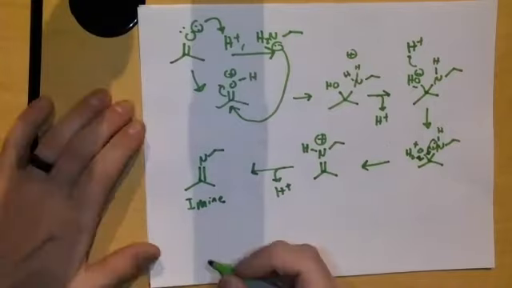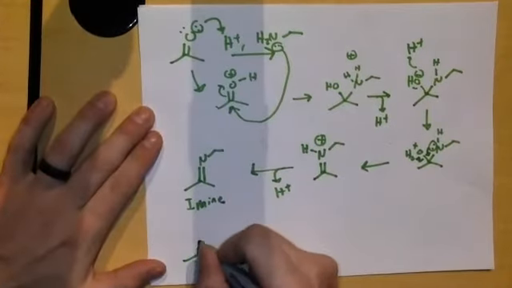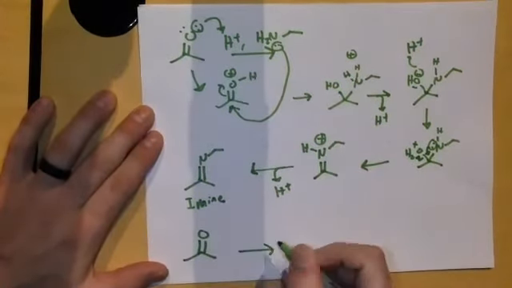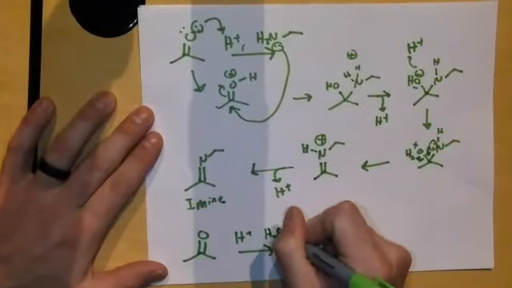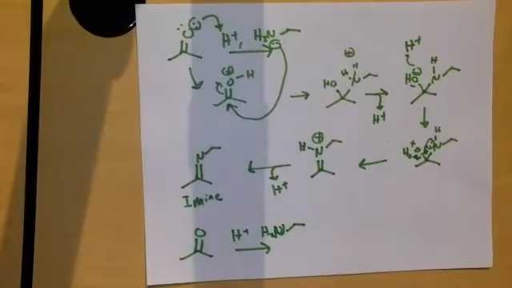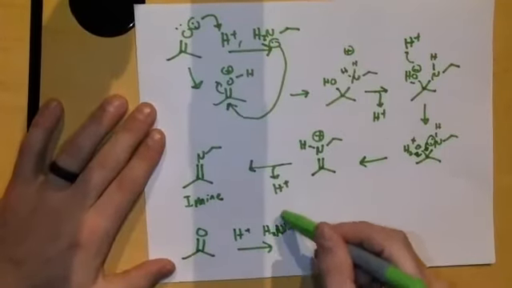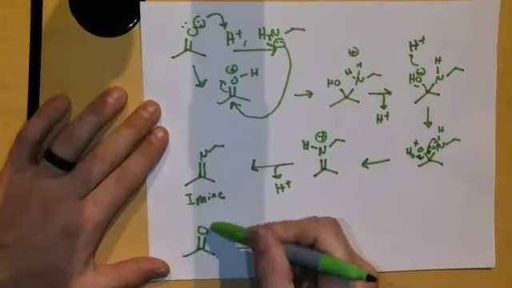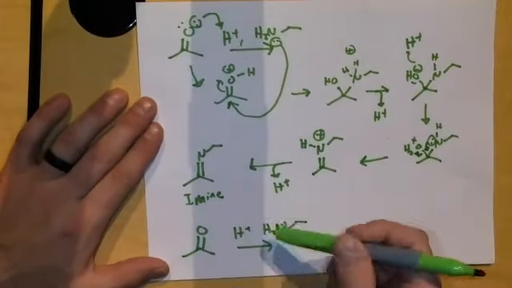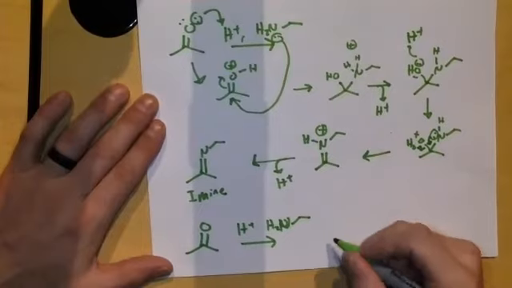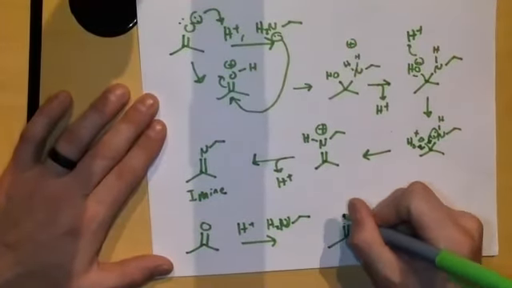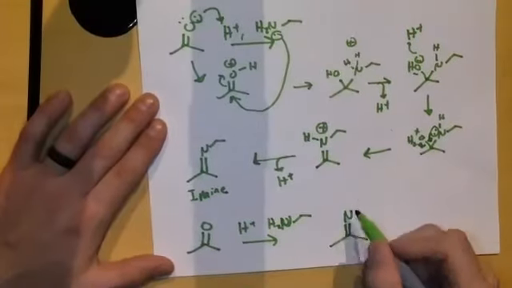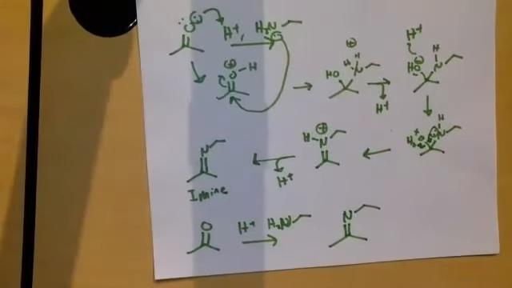So if you take a look at what you started with, essentially this nitrogen and the carbons that are attached to it are going to replace this oxygen here, and we're going to lose the two other protons that were on it. So we still have a double bond, it's now to this nitrogen instead of the oxygen, and it still has that ethyl group on it.